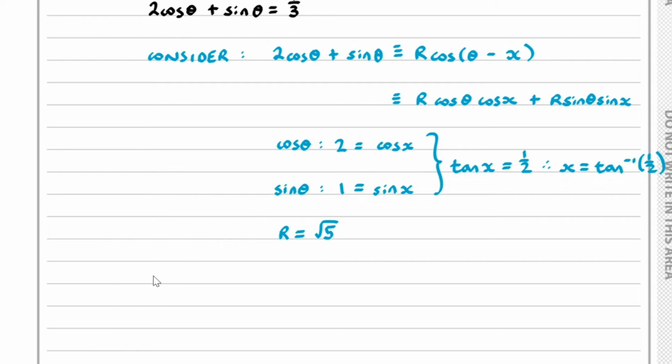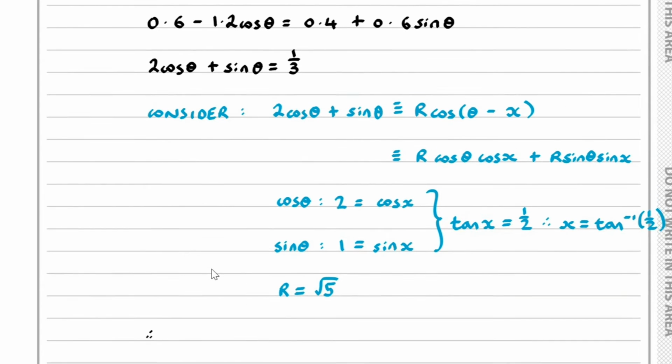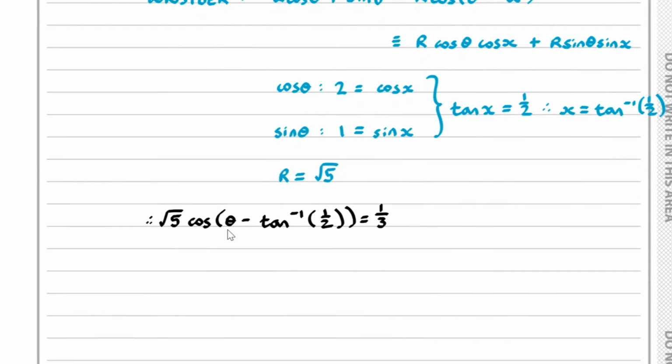We can conclude over here, we've got the equation root 5 times the cosine of theta minus the inverse tangent of 1/2 equals 1/3. And what we need to do is find out what theta is in this case.